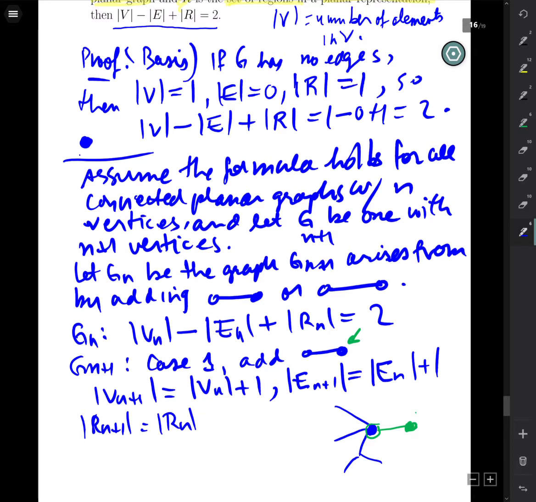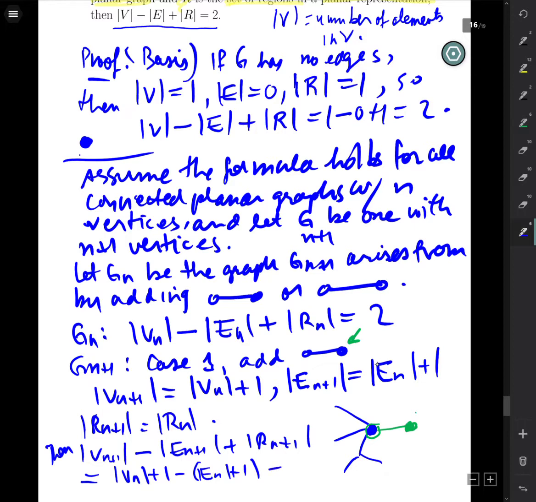Whoops, I was going to add one there. And so what we have is that the number of things in the new vertex set minus the number of things in the new edge set plus the number of things in the new region set is equal to the number of things in the old vertex set plus 1 minus the number of things in the old edge set plus 1 plus the number of things in the old region set.